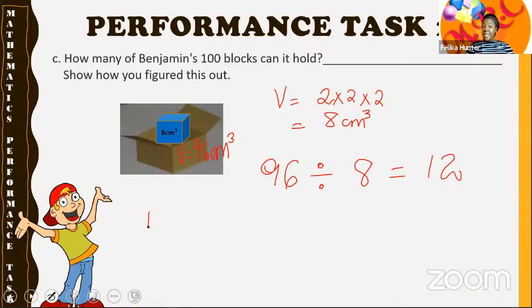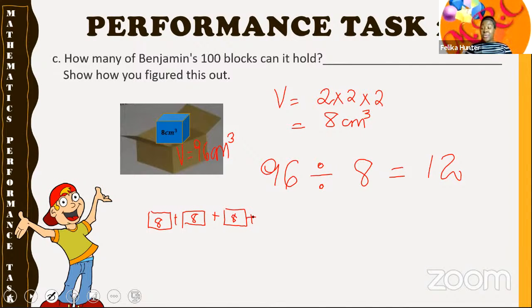And if it's a case where you can't figure out that you divide, you can always use trial and error. It will take you a bit longer, but you'll get the answer. So you could keep adding 8 blocks until you reach 96.